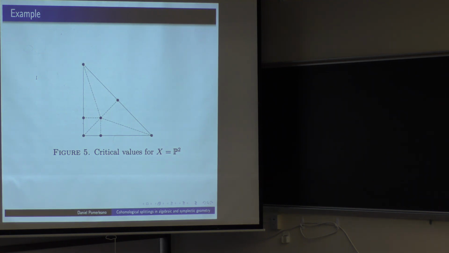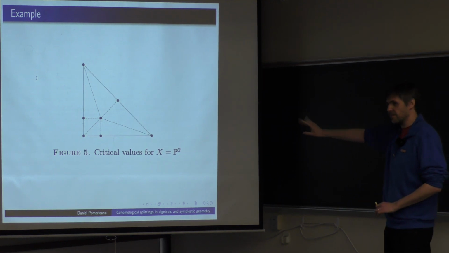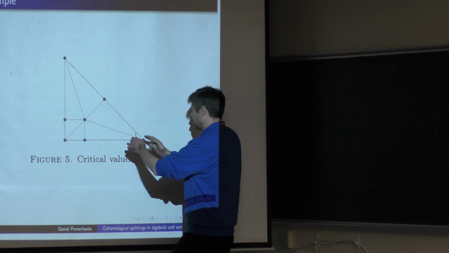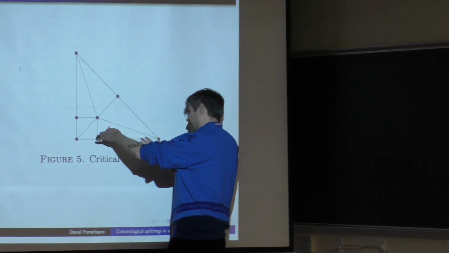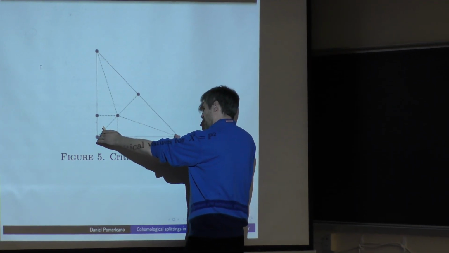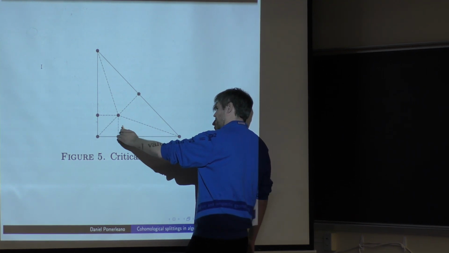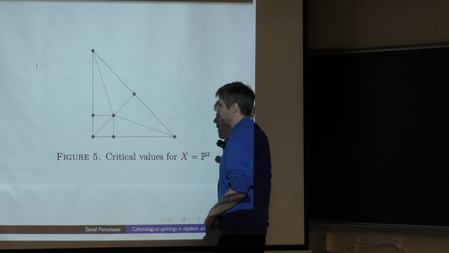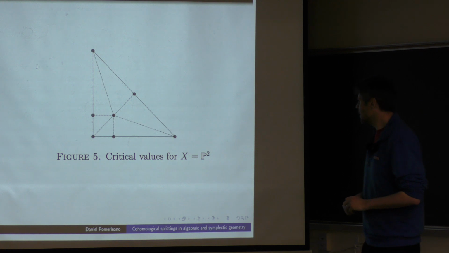If this is your moment polytope for P2, the standard moment polytope, then for each of these sub-convex hulls, hyperplanes generated by the weights, you have some point on there that's closest to what you've chosen to be the zero level set, and your critical sets lie over there in some way.